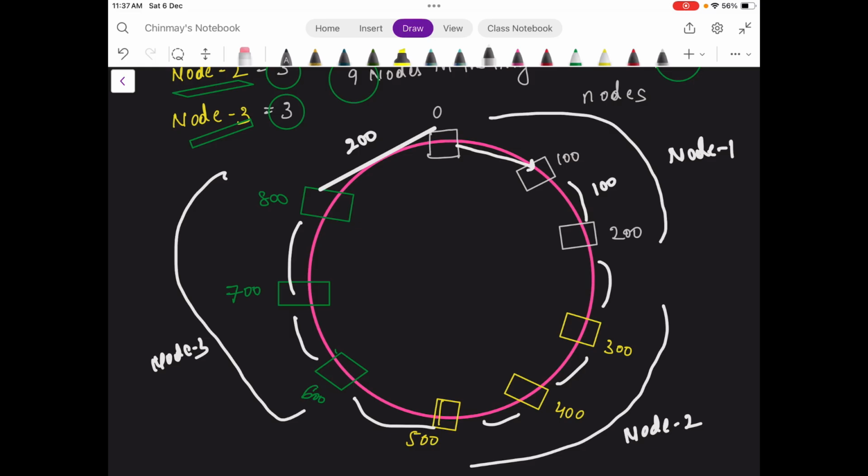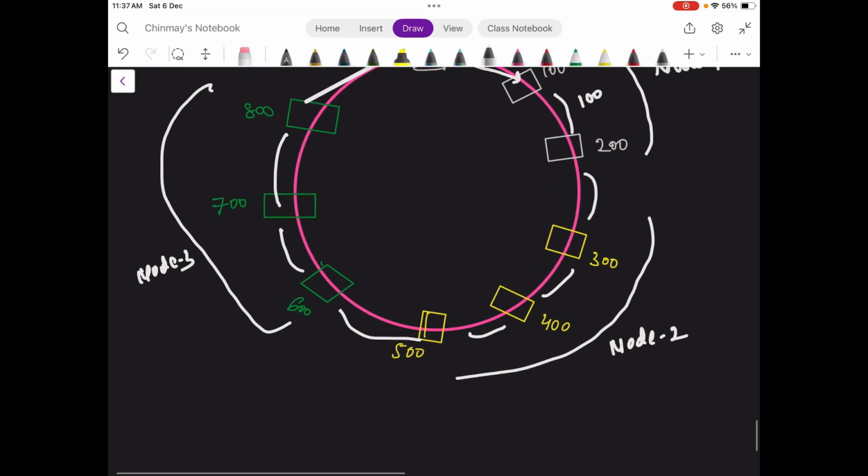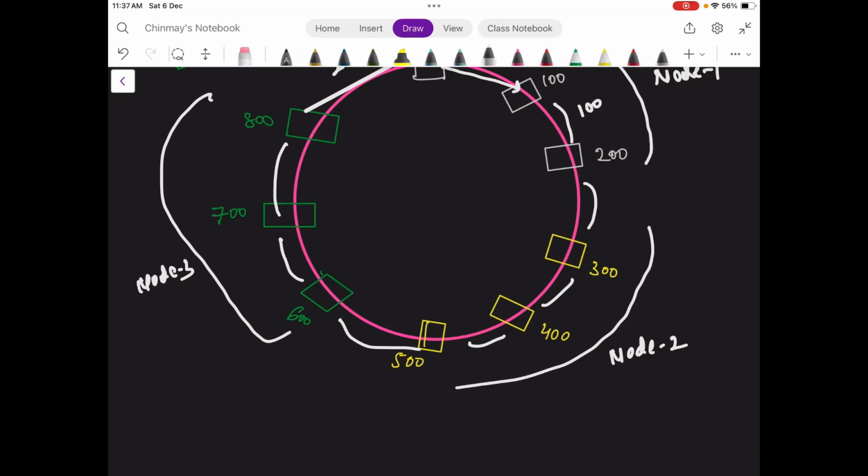The equal distribution of nodes problem is solved through the dummy nodes by Amazon. Clear? Again there is an issue. If there are 4000 messages, this approach also has a problem.